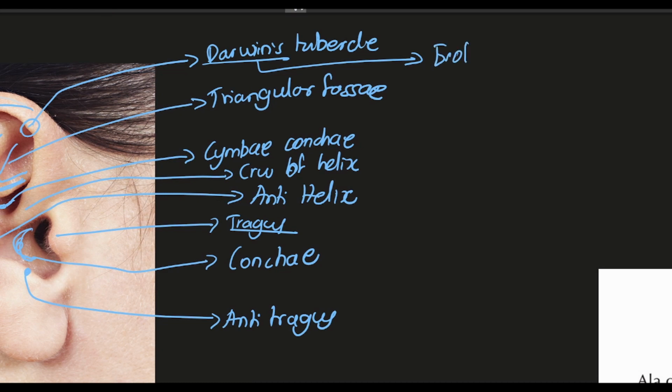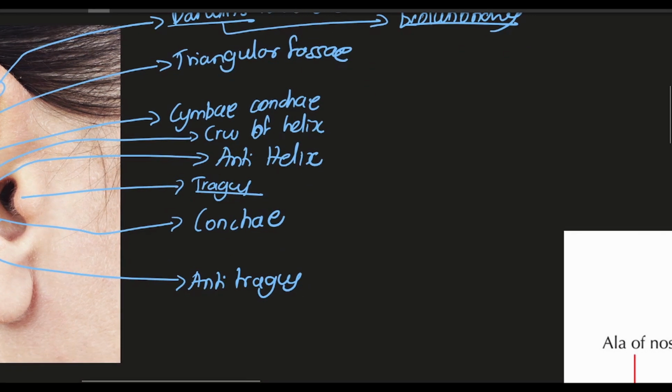According to the evolutionary basis, usually in quadrupeds, take a cow's ear, it will be pointed at some point lateral to the lateral part of the pinna, right?